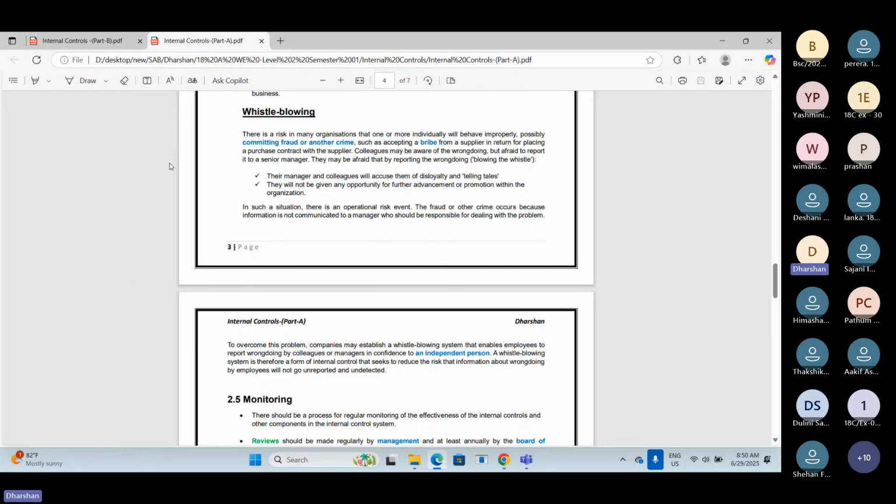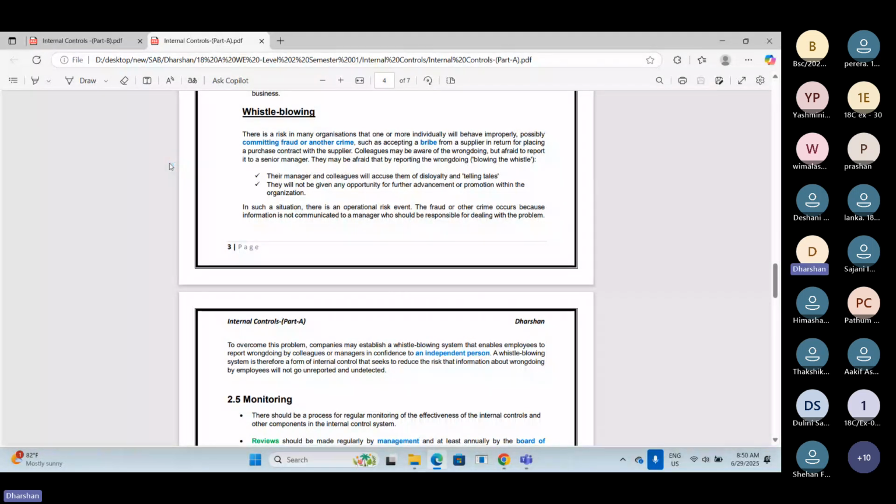The whistleblower, which means that independent person, should have the responsibility to mitigate those types of fraud activities and make sure they won't happen in future. The independent person's main objective is collecting the information and keeping the informer's details in a secret manner. That's the most important thing. Informers' details must be kept secret. He should not disclose them.